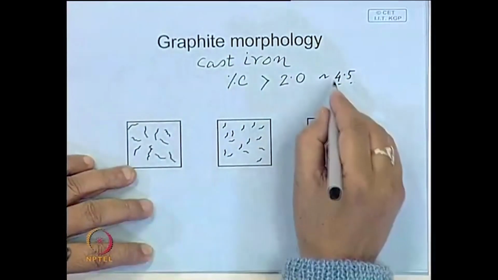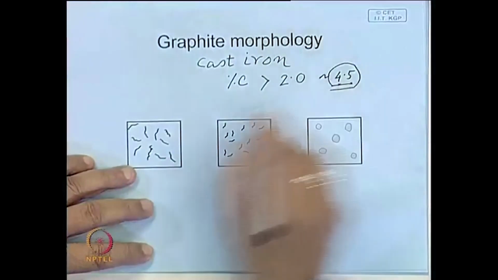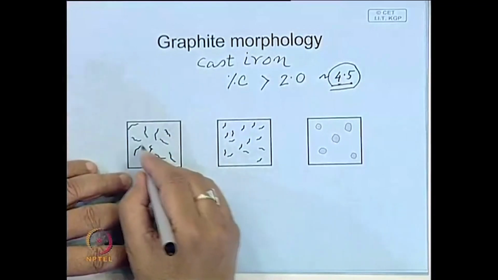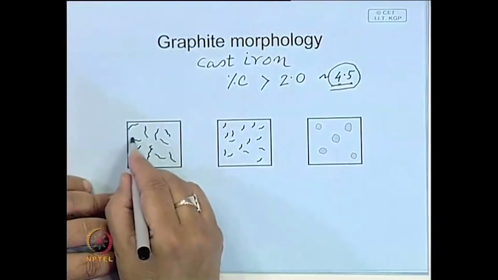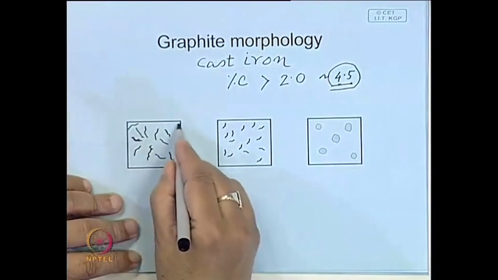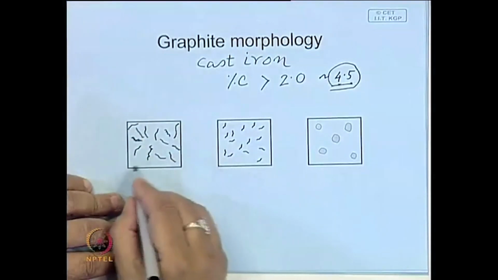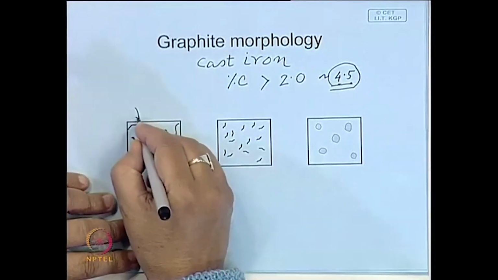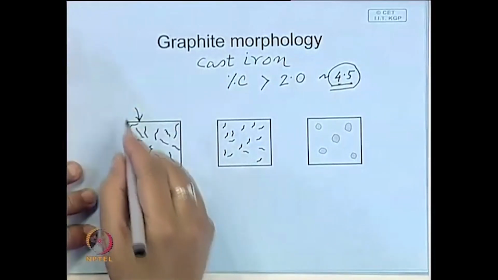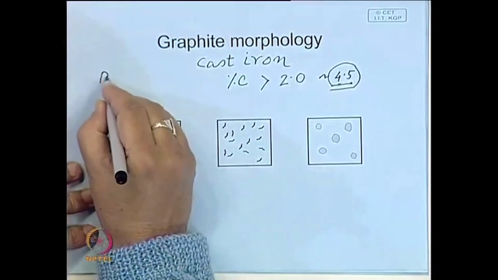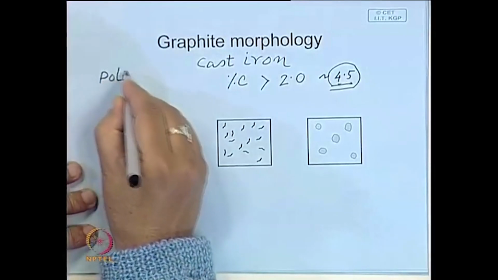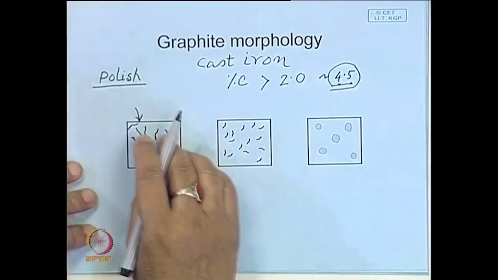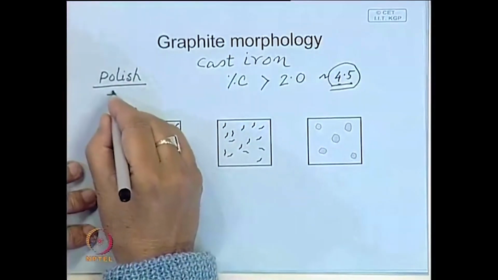In many cast irons with carbon of this order, the cementite breaks down and graphite is present as flakes like this, so flaky graphite. You can see this only by polishing, you need not etch. Normally to examine a microstructure, you polish the surface, make it scratch free and shining, and then you etch.